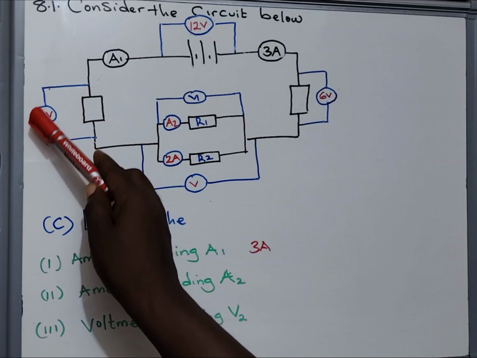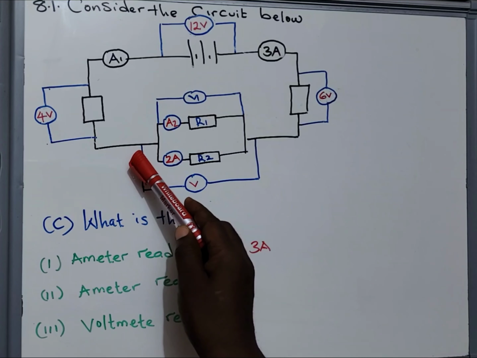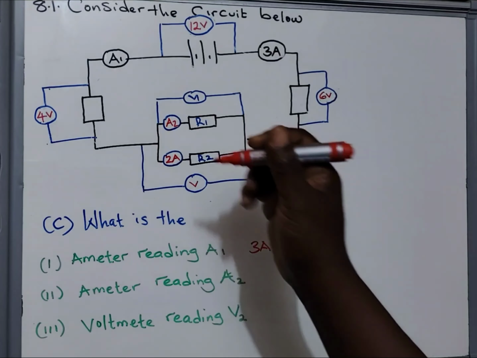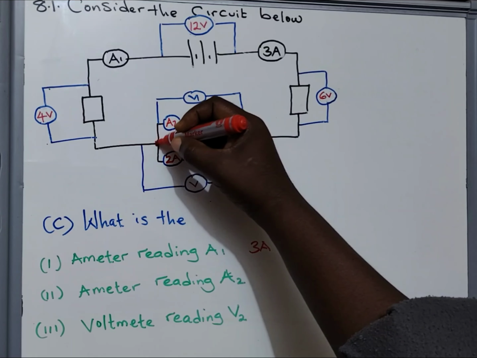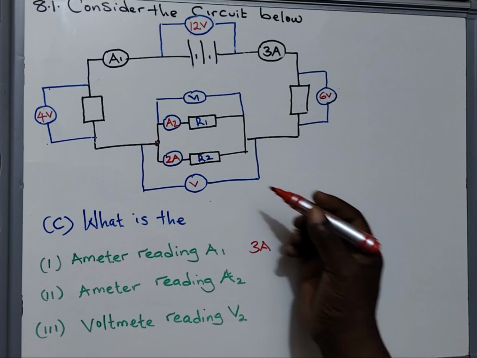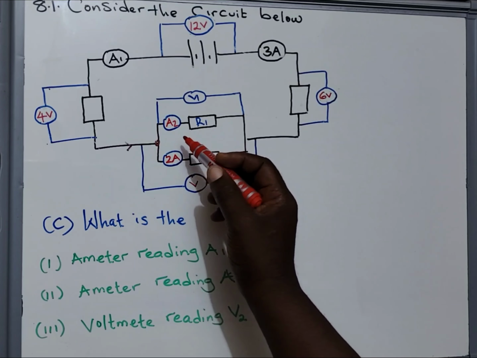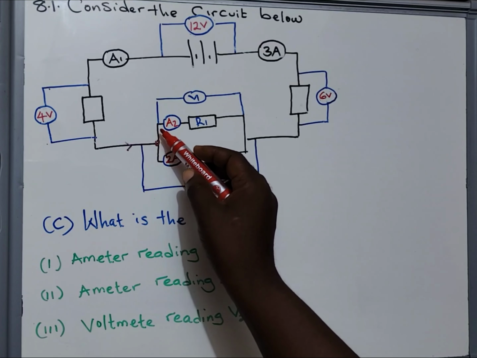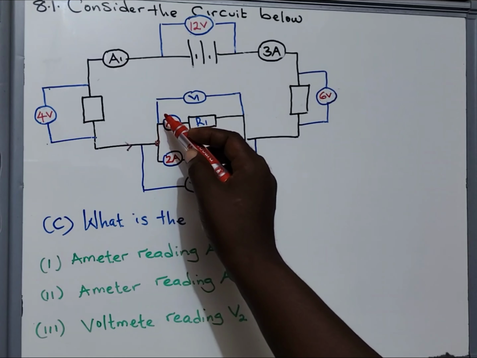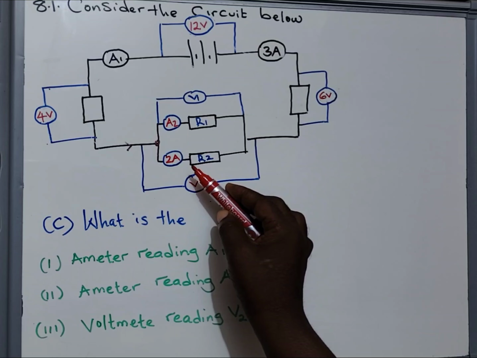Remember, no current passes through the voltmeter. So the current reaching this spot is 3 ampere. But now we are seeing something here. When it reaches here, it divides. Part of it goes up and part of it goes down.